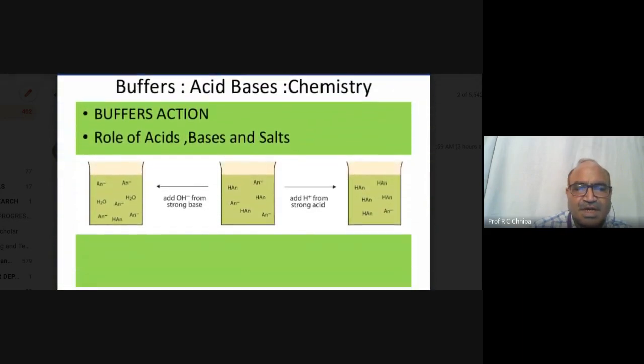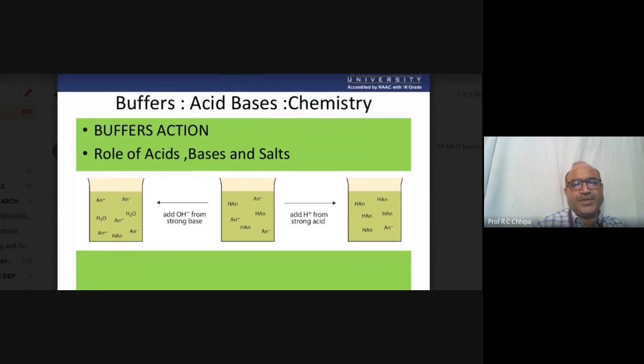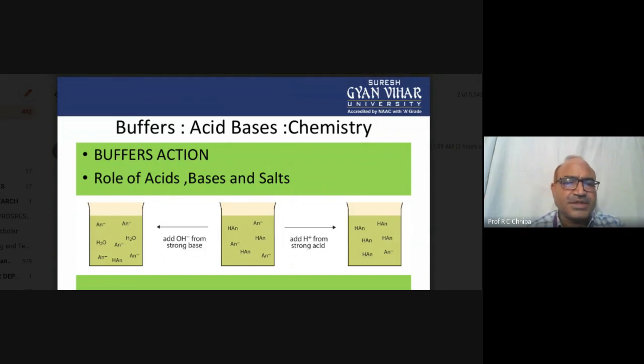Here is one example of buffer action, how a buffer acts when different acids or alkalis are added to a solution. If, suppose, we add hydrogen cations from a strong acid, this will remain as such.